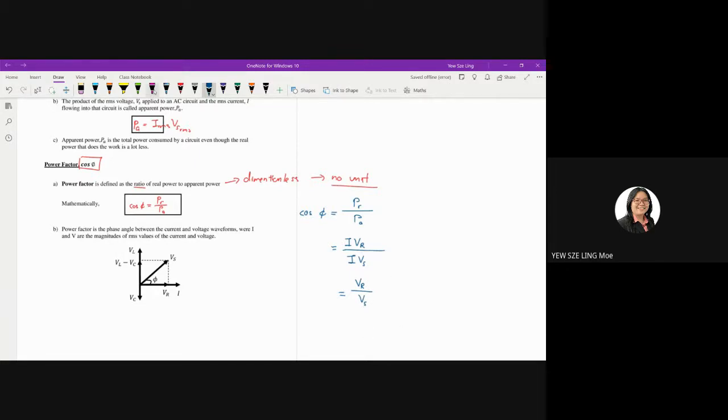And then, there's another equation that can be used to calculate the value.